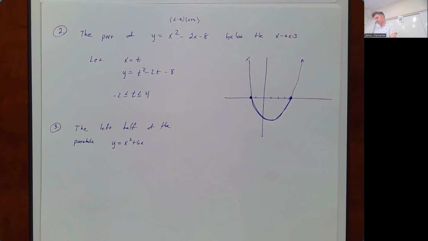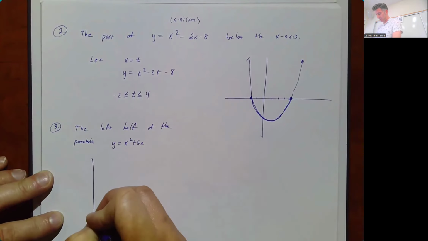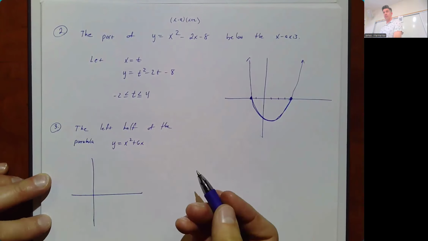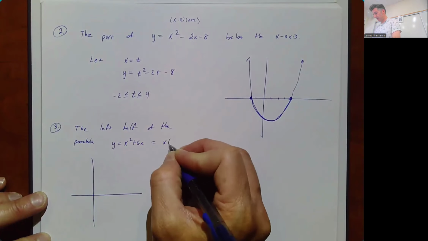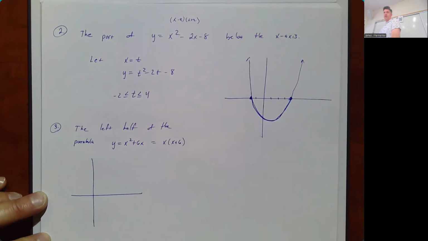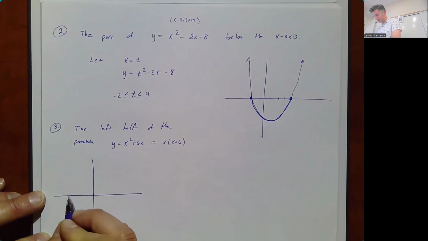Again, I think this isn't going to be that bad, except for identifying where the left half starts and ends, or the cutoff point for the left half. Parabolas, left and right half, are distinguished by where the vertex is. If we were going to draw this, I would try drawing it by identifying the x-intercepts. If we factor, that's equal to x times x plus 6. It looks like the x-intercepts are at 0 and negative 6.